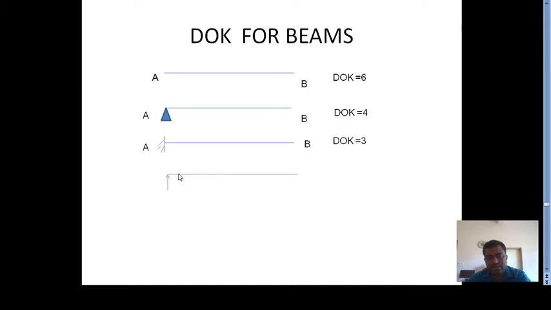Here we have taken the simple support. The degree of kinematic indeterminacy is 2 plus 3, that is 5, for the span AB.